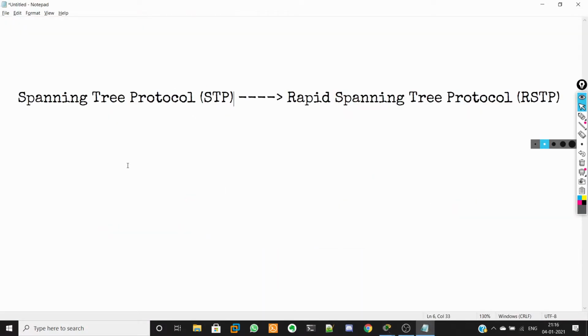Spanning tree protocol came in the 1990s. It evolved, and in our current network devices we are mostly using RSTP, which is nothing but rapid spanning tree protocol. RSTP has some advantages over the spanning tree protocol, but in this first section I am going to explain the common things between the spanning tree protocol and the rapid spanning tree protocol.